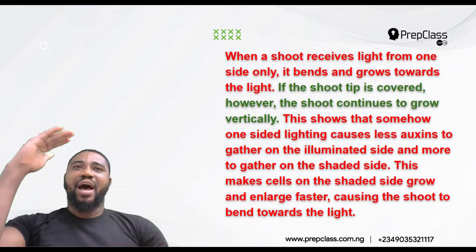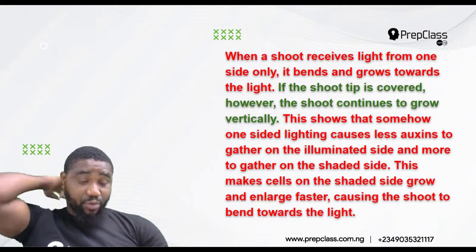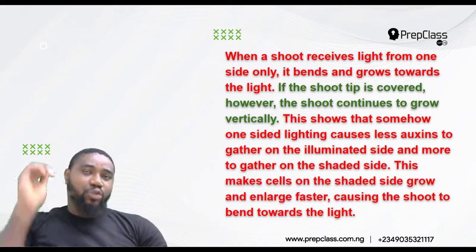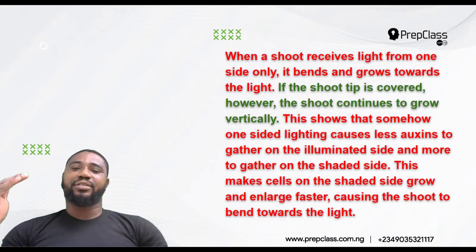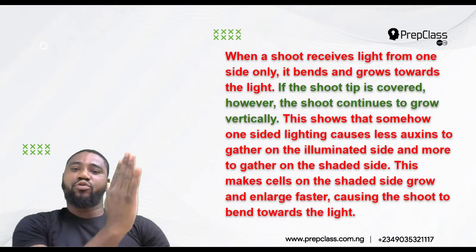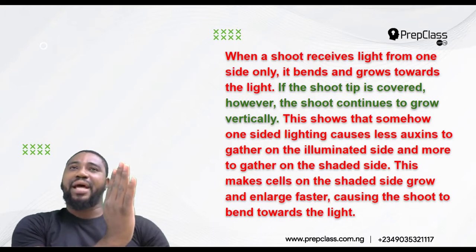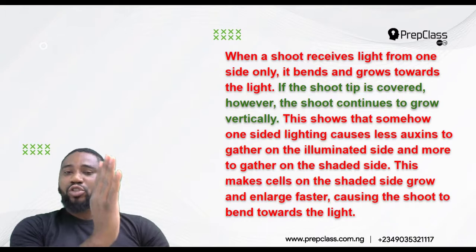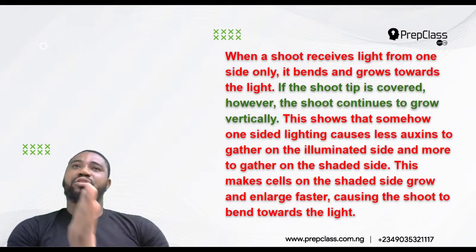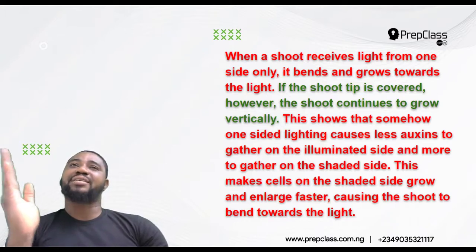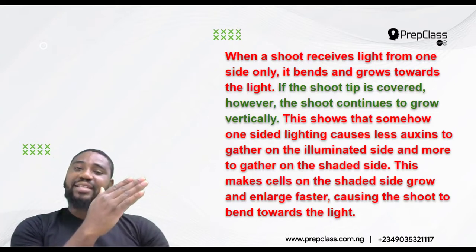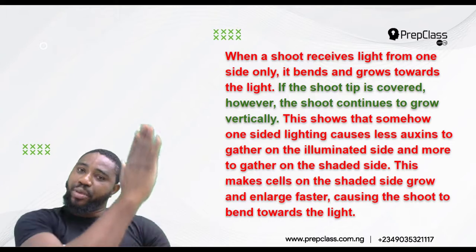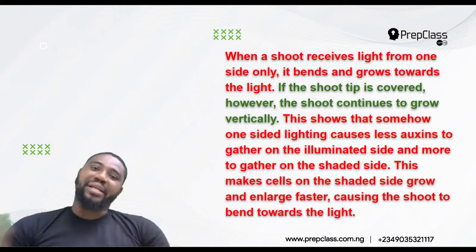Normally, if you don't cover the tip of that plant, it will grow towards that light, because as light is shining, the auxins move to the other part of the plant that doesn't have much light, and few auxins gather at the part that is exposed to much light. Because more auxin is gathering at the part that is exposed to less light, that part will now be growing more, causing that bending.